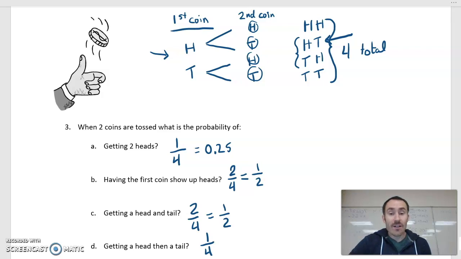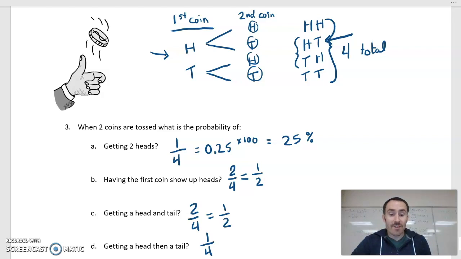And then we can also change that to a percent. So 0.25 as a percent, we multiply it by 100. Right? So if we take 0.25 times 100, you get 25%. So you have a 25% chance of getting 2 heads. 1 out of 4 of those things.